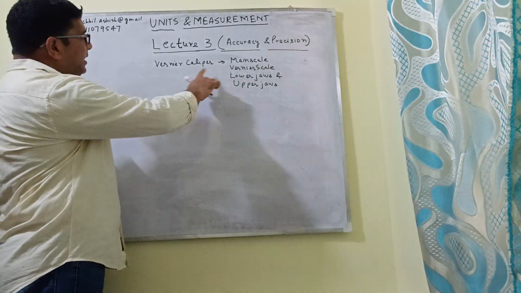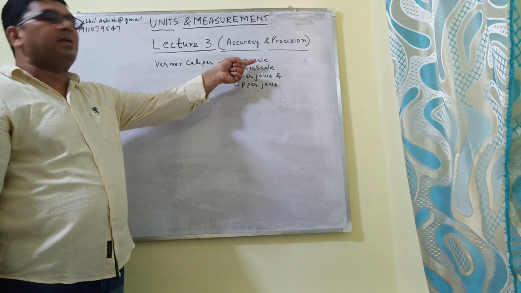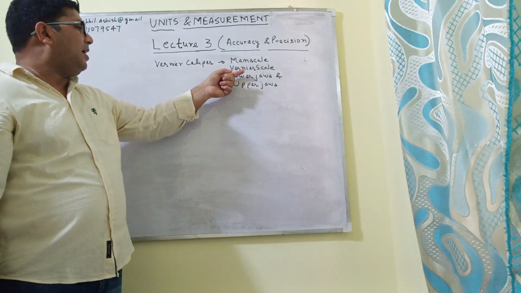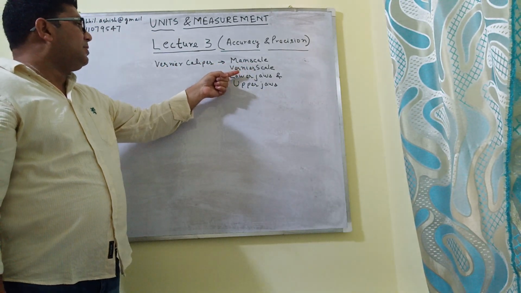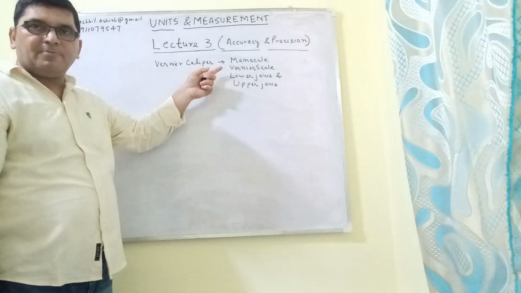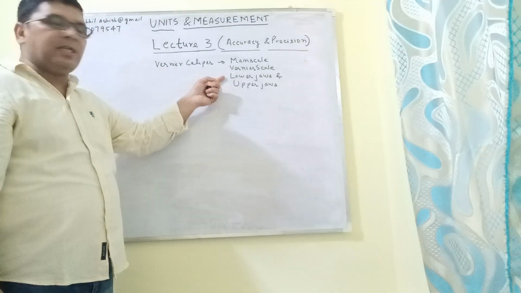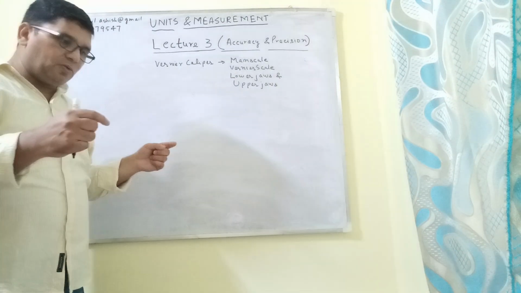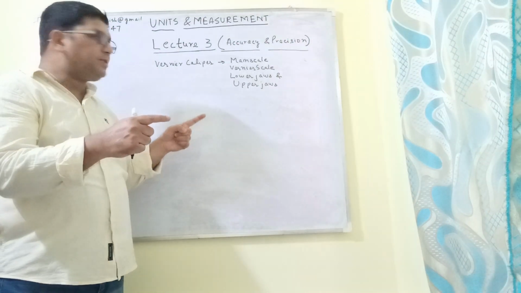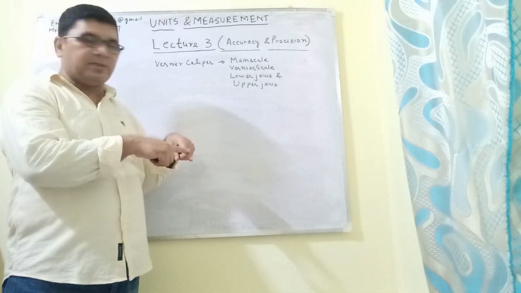Now, in the vernier caliper, the vernier scale slides on the main scale. It slides parallel to the main scale, and it gives you the reading in fractions of a division on the main scale. The lower jaws are meant to find the linear dimensions of any object and the outside diameter of any object.